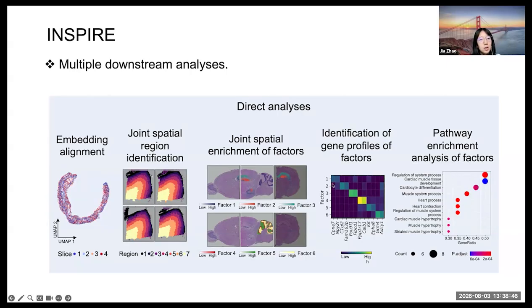And knowing the meaning of each factor, we can then look at how to compare across different sections. Are they connected across different sections? Are they very unique to one section? So we can look at the very fine-grained organization of the meaningful factors using the spatial factor matrix.